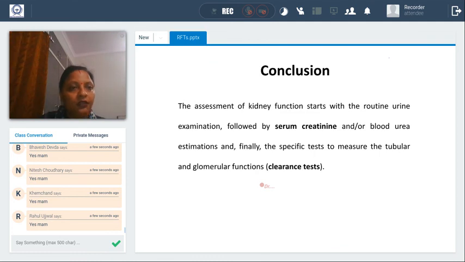We have not taken the physical examination or biochemical examination or microscopical examination in detail because I think it will be included in practicals.